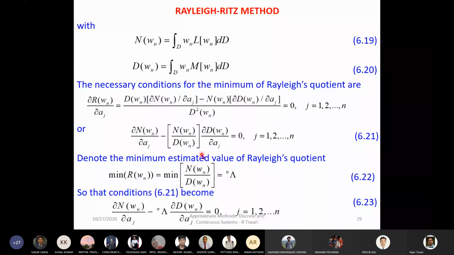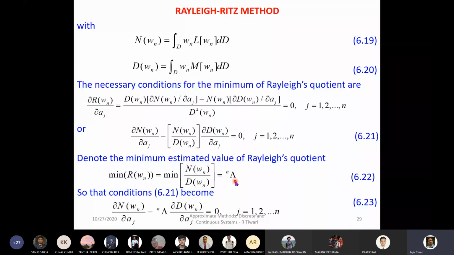Now, from here whatever Rayleigh's quotient we get will be the minimum. So I'm defining the minimum of the Rayleigh's quotient, which is n by d, with this notation. It's similar to lambda, which is the eigenvalue, but here I've used an inverted v just to distinguish it from the eigenvalue, which is the exact value.